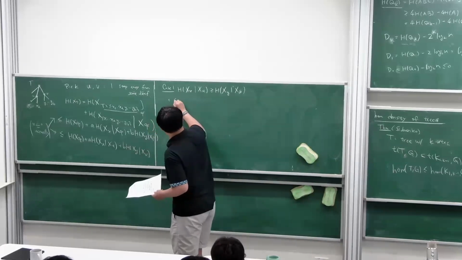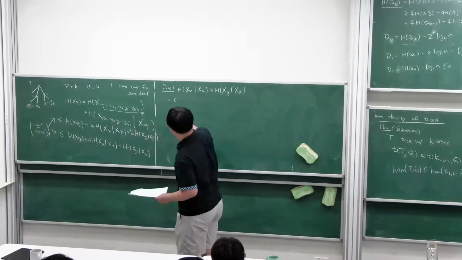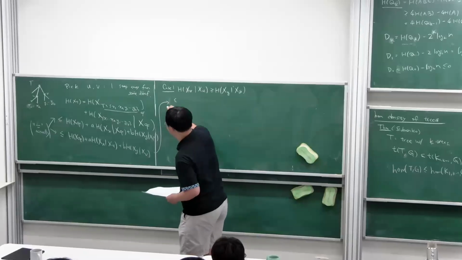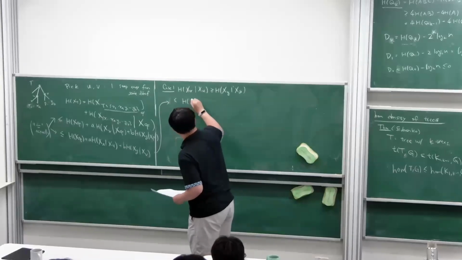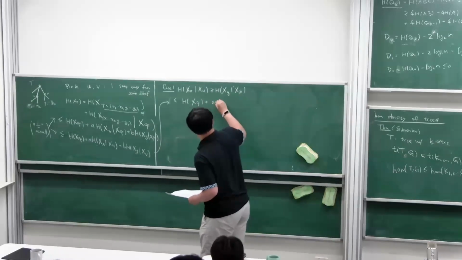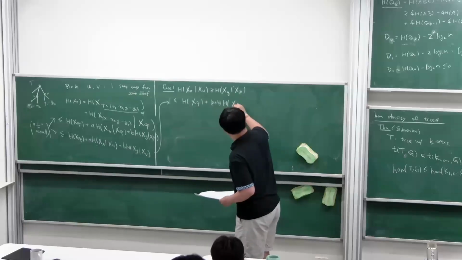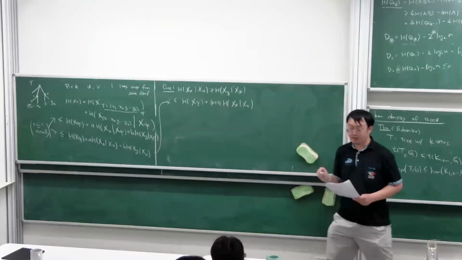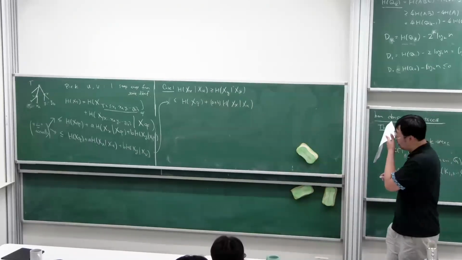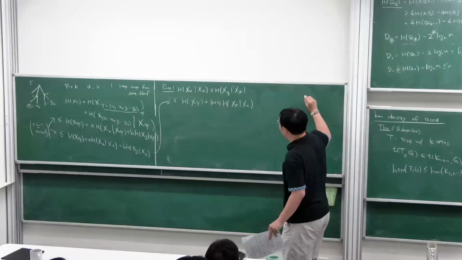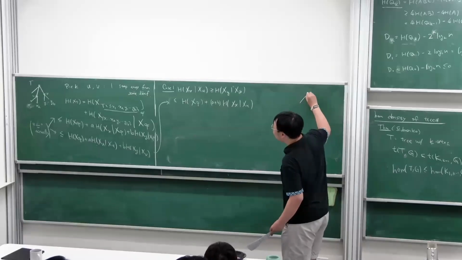So this is upper bounded by the entropy of X_T tilde plus a plus b copies of H of X_x given X_u. But now you have this tree.